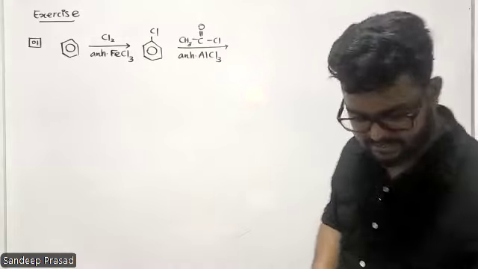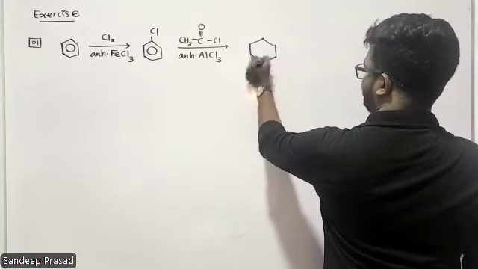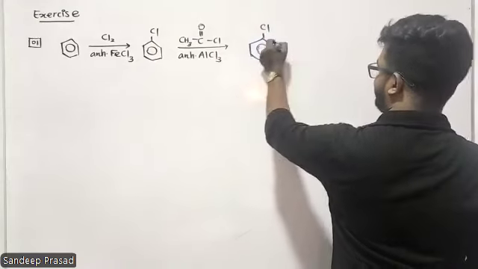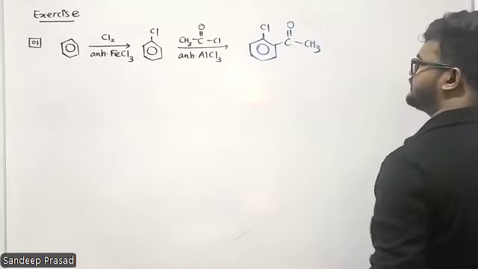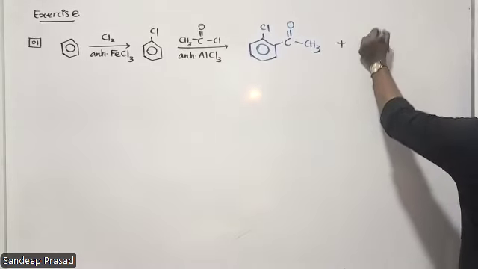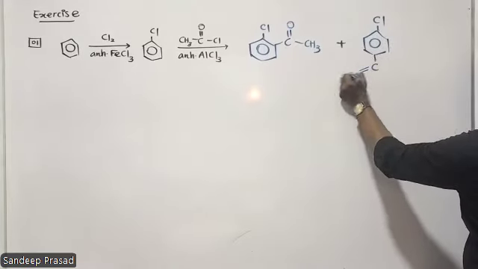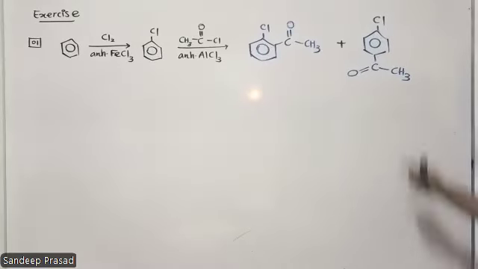Therefore the products that we can obtain: we know that in Friedel-Crafts acylation, the electrophile is C double bond O CH3. It is connected to the ortho position. But remember, there is another product, where it is connecting to the para position as well. Both are possible, both are correct. Can you understand?